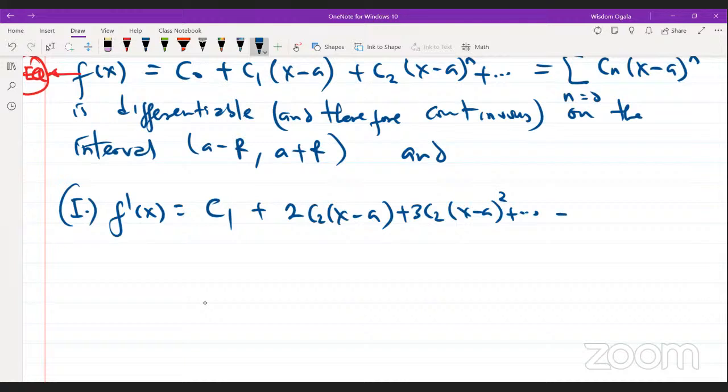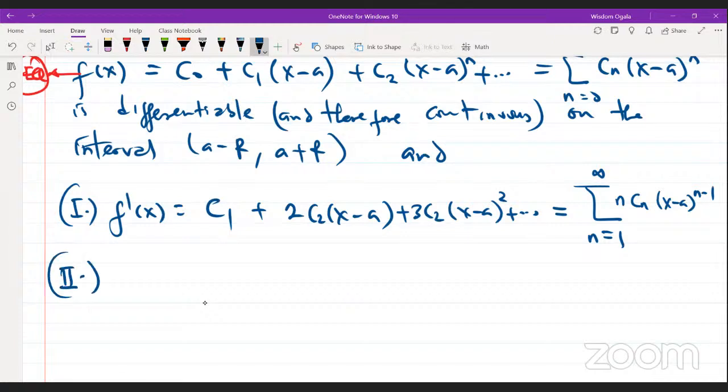If I write this guy as a power series, it's going to be n from 1 to infinity, n cn x minus a to the n minus 1. Okay, so this n cn is not combination, it's not combinatorics. Don't think it is combination and permutation. No, that's not what we're studying. So we go back to the EQ again. I can integrate that EQ.